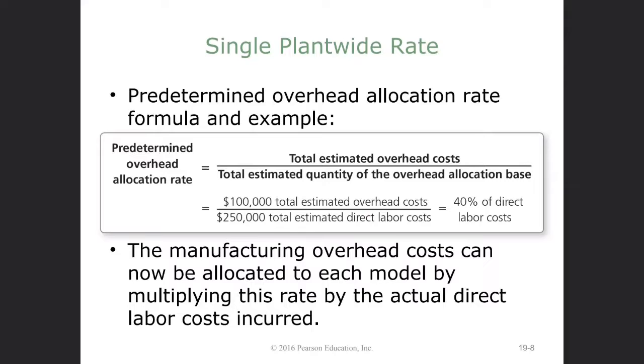The manufacturing overhead cost can now be allocated to each model by multiplying this rate by the actual direct labor cost incurred. So you would take the 40% and multiply that by the actual cost incurred to get the amount that is related to your direct labor.